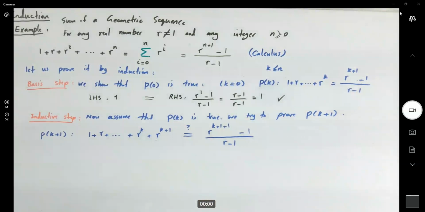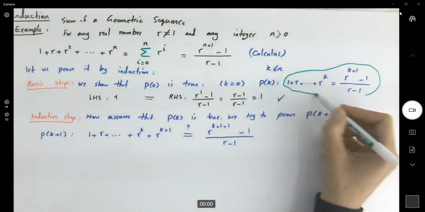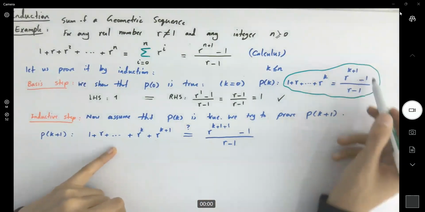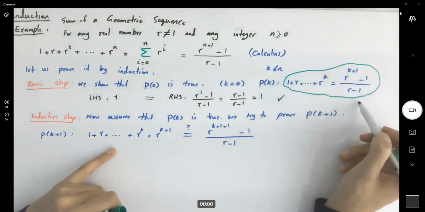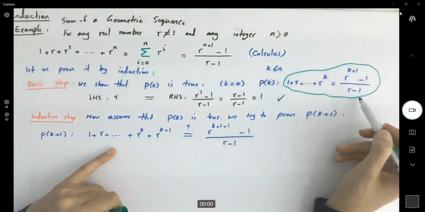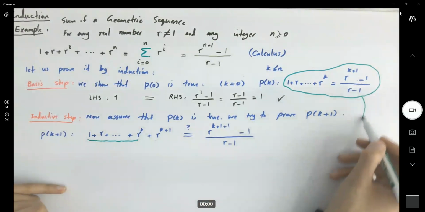Again, you can use either substitution or do the subtraction. Both are fine. Since we know that 1 plus up to r to the k has a formula, you can write it in closed form, which is r to power k plus 1 minus 1 divided by r minus 1. You're going to substitute this here.